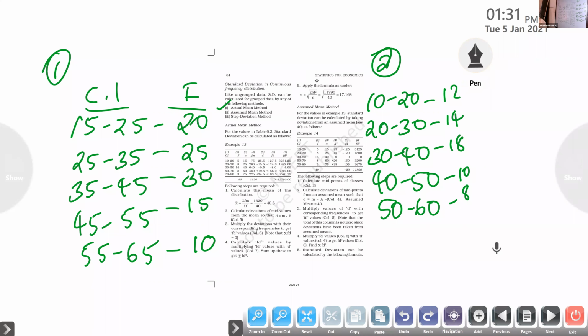Second homework, 10-20, frequency 12; 20-30, frequency 14; 30-40, frequency 18; 40-50, frequency 10; 50-60, frequency 8. Hope you wrote that. Completed?